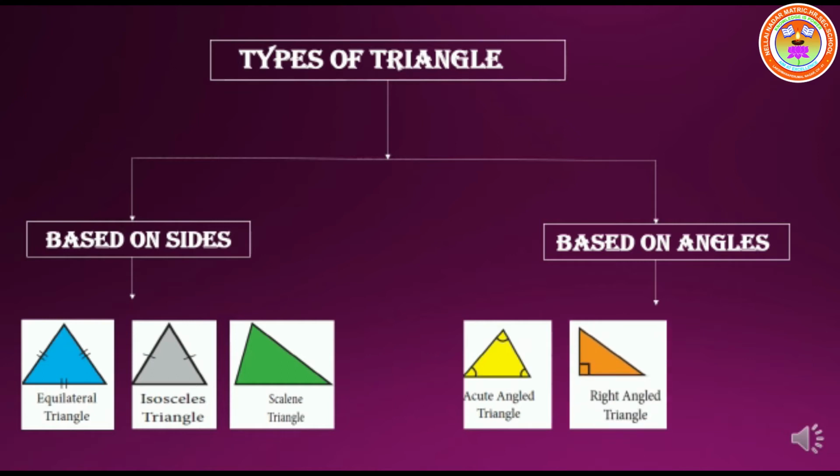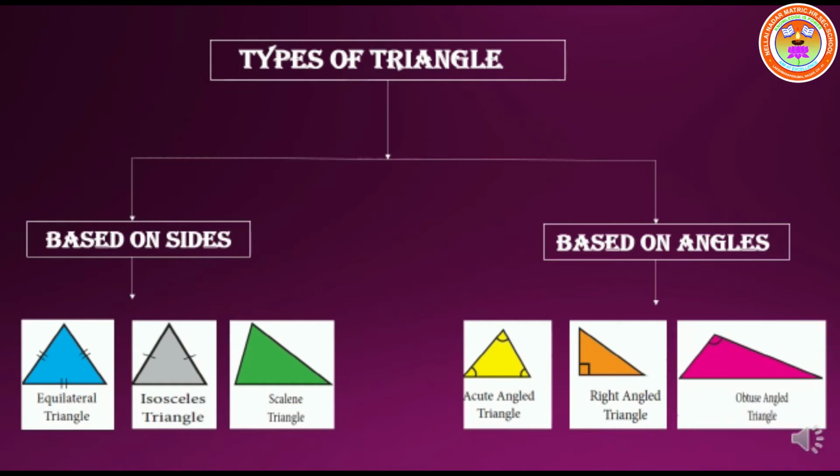Next, we have right angled triangle, where you have the measure of the angle as 90 degrees. Next one, obtuse angled triangle. So it is more than 90 and less than 180. That is called as obtuse angled triangle. So these are the types of triangle based on sides and based on angles.